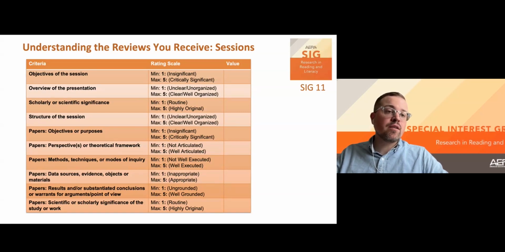The third criterion is the scholarly or scientific significance, which will be rated from 1, routine, to 5, highly original. And the fourth criterion for review is the structure of the session, which will be rated from 1, unclear or unorganized, to 5, clear or well organized.